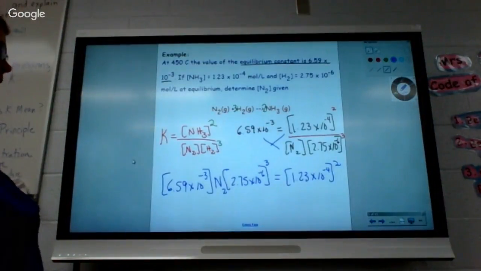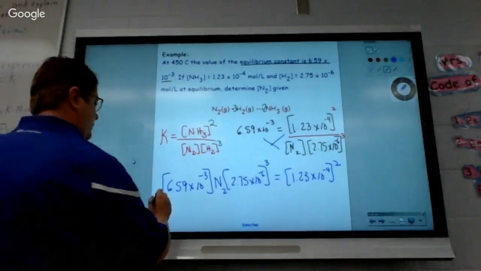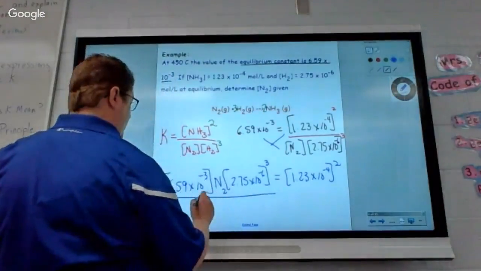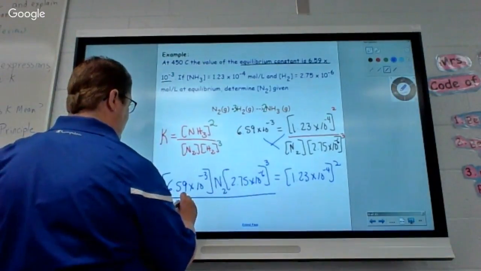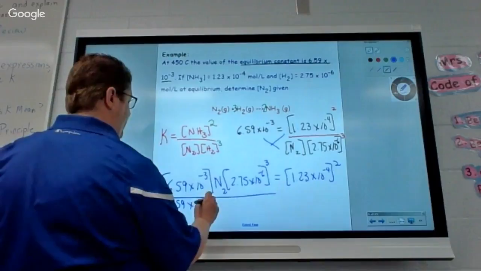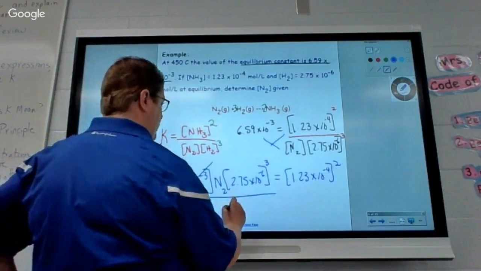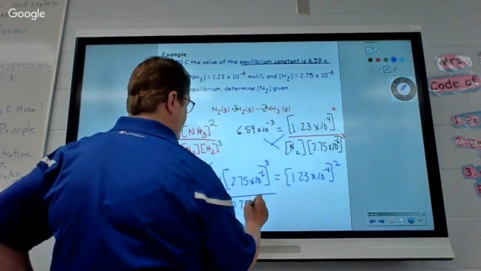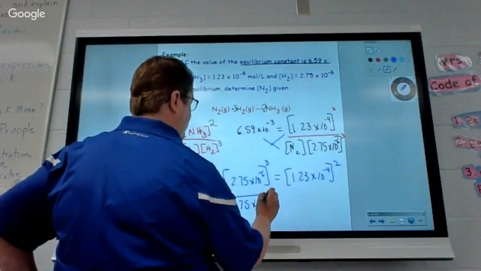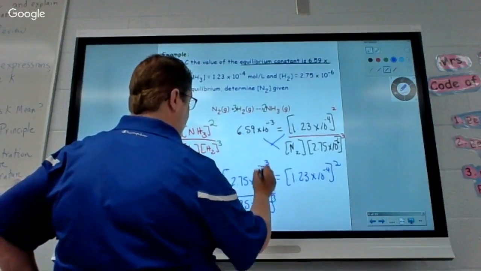And I need N2 by itself. So how am I going to get N2 by itself? Divide by everything else. I need 6.59 times 10 to the negative third to go away, and 2.75 times 10 to the negative 6 cubed to go away.